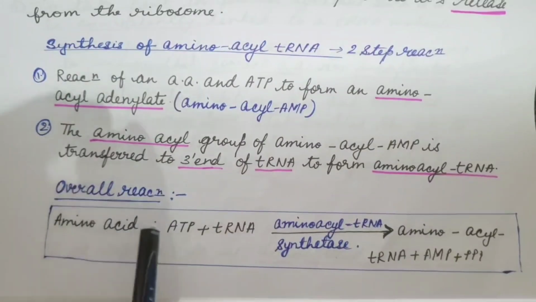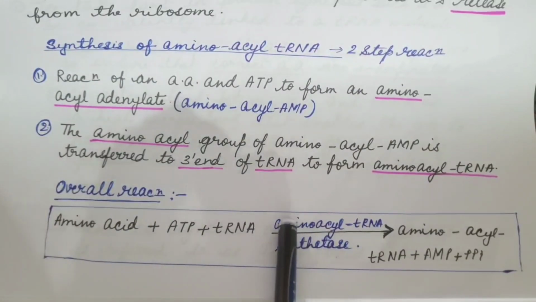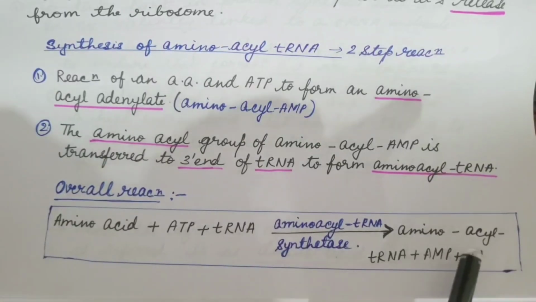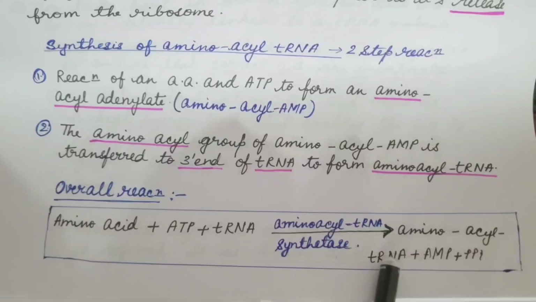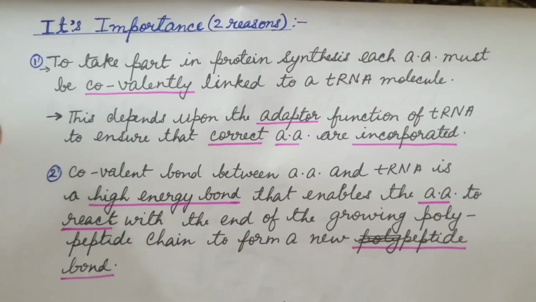So the overall reaction is amino acid plus ATP plus transfer RNA, in the presence of the enzyme aminoacyl transfer RNA synthetase, gives aminoacyl transfer RNA plus AMP plus inorganic phosphate.